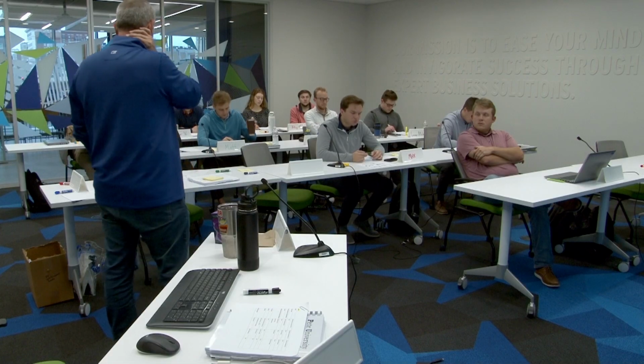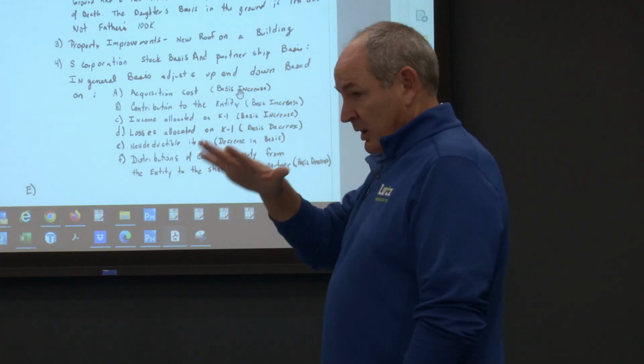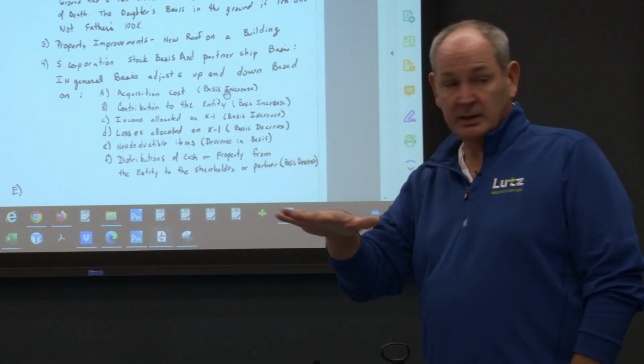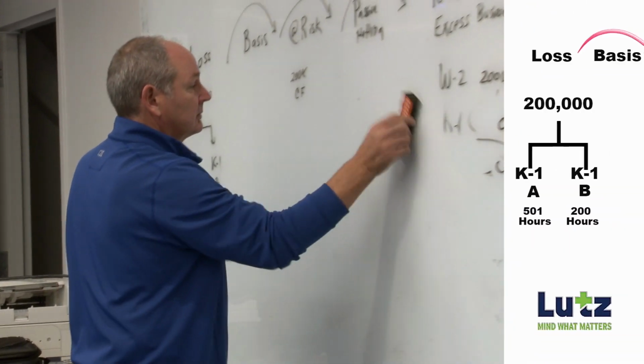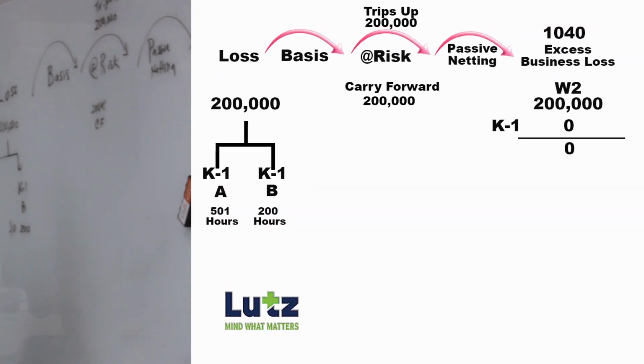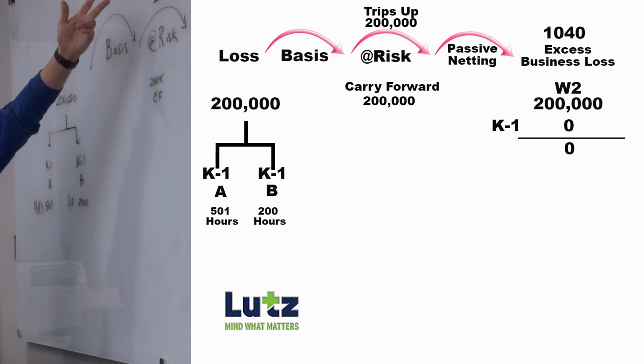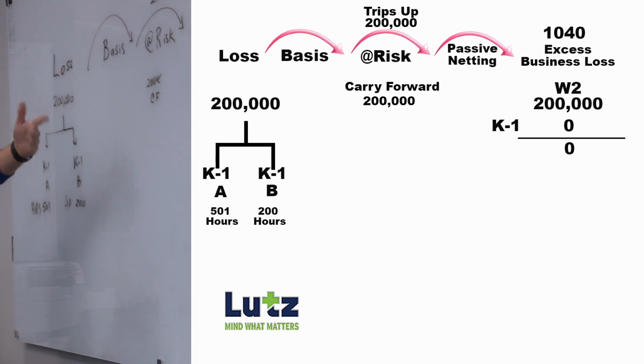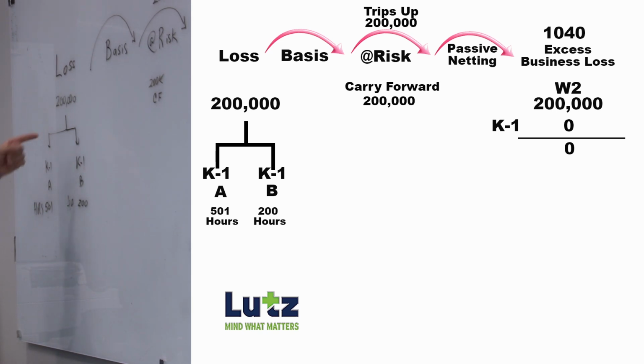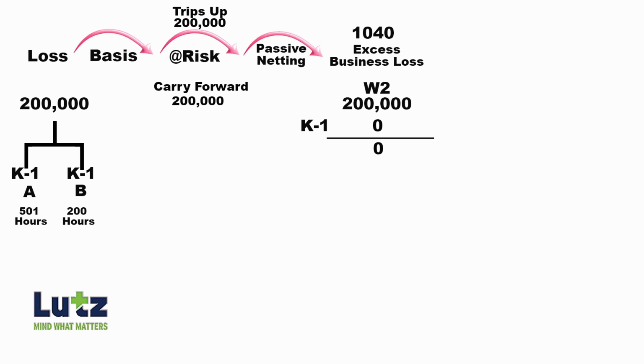Okay, so why that's important is if we get tripped up here, and we're going to talk about this, we didn't have basis for this 200,000, did we? We did not. And that came from K1A. If the next year we have $300,000 worth of income, did my basis float up because of the income on the K1?